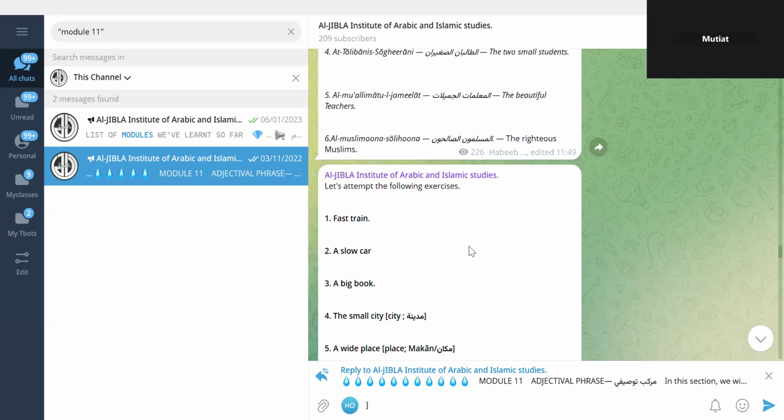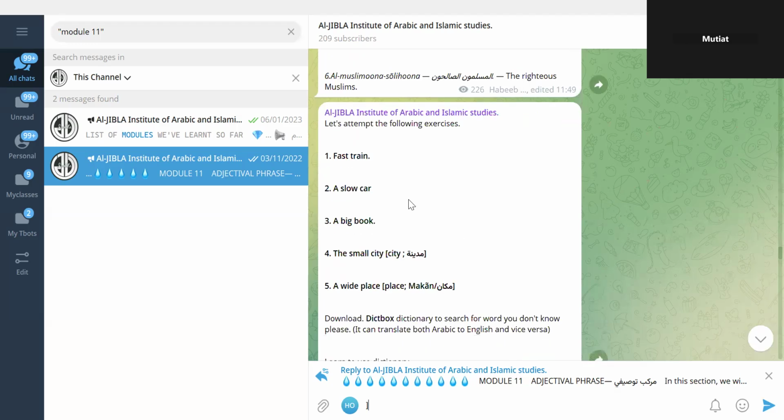Now, let's quickly attempt this exercise. Can you try and do this? Fast train. Qitar sari'.